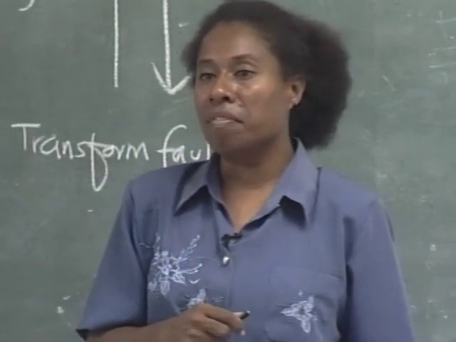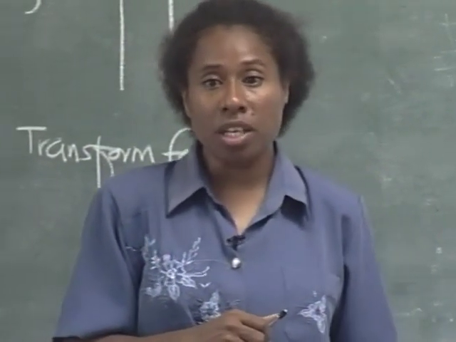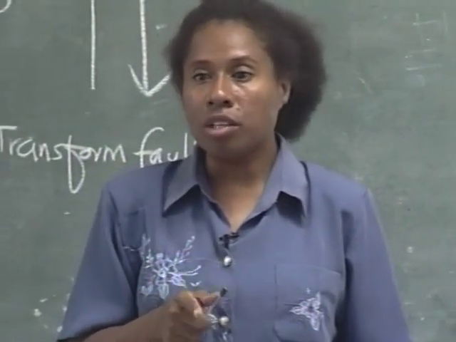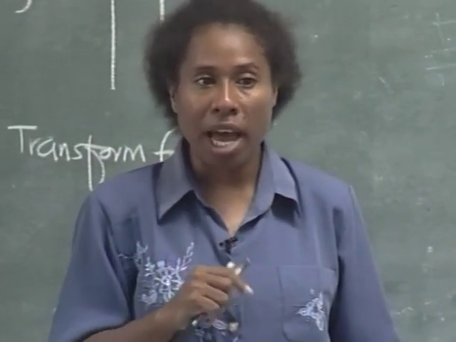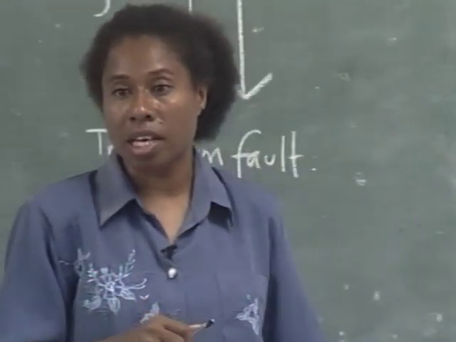We also looked at some features that are formed as a result of plate movements. When you do the activity that I will assign, you will need to accurately plot those different features on your diagram. So let's look at those features again.